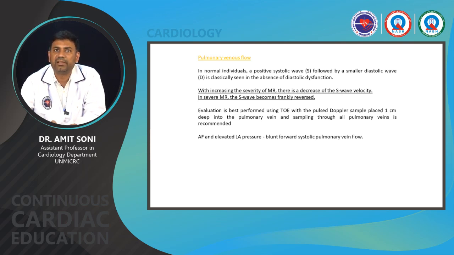Evaluation is best performed by transesophageal echocardiography with the pulsed Doppler sample placed 1 centimeter deep into the pulmonary vein. This is important, and sampling through all pulmonary veins is recommended. Atrial fibrillation and elevated LA pressure can lead to a blunted forward systolic pulmonary vein flow.